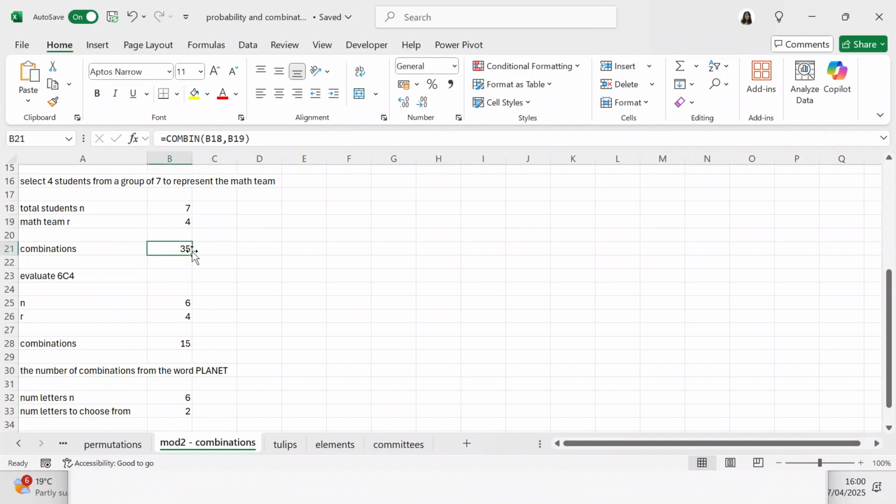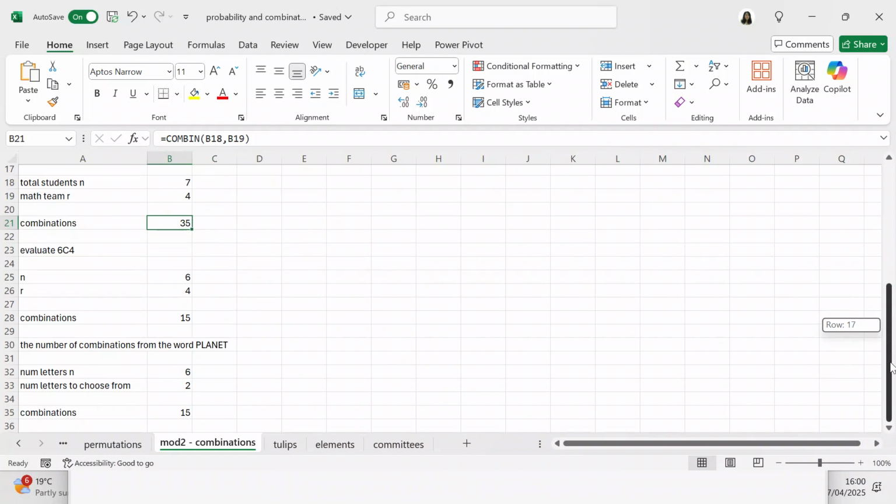So the combination equals COMBIN(B18, B19), or COMBIN(7, 4), and that gives you a result of 35. Now you want to evaluate 6C4. So n is 6 and r is 4, and the combination equals COMBIN(B25, B26), or COMBIN(6, 4), and it gives you a result of 15.